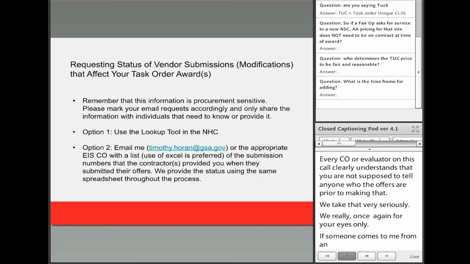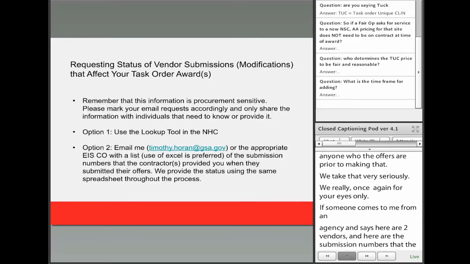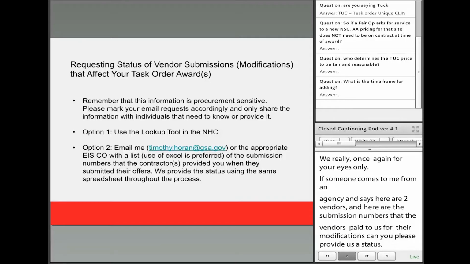There are only two other people that are going to see that spreadsheet: the COR for the contractor or contractors, and potentially the agency managers, because they also assist the agencies in providing mod status. So once again, please remember it's procurement sensitive, and we will do the same.